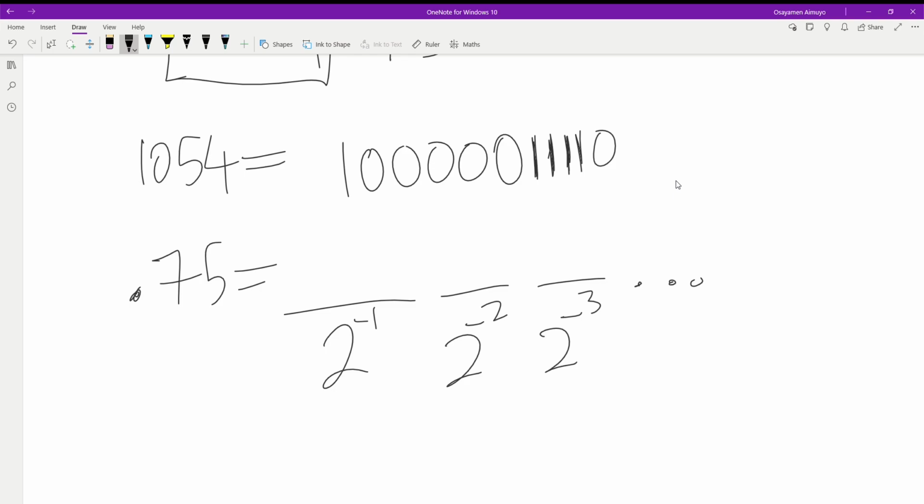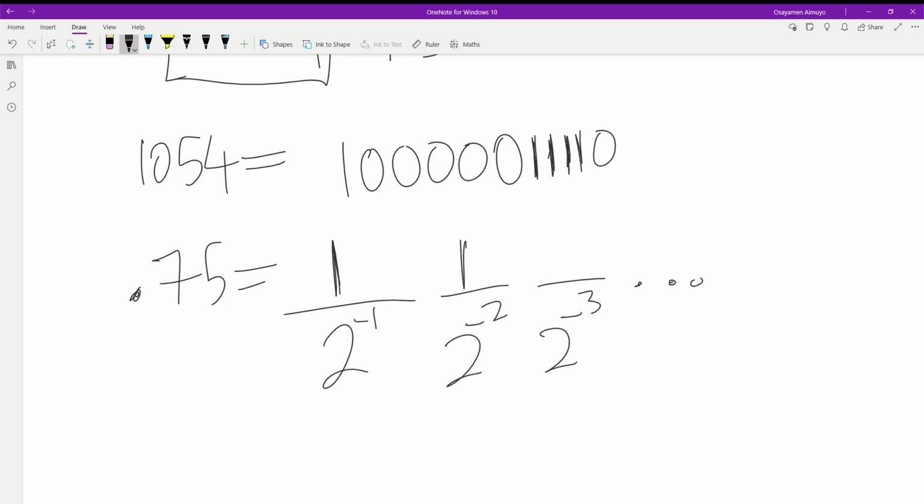So here we know that 0.75 minus 0.5 gives us what? Basically the same conversion. This works, right? And then 0.75 minus 0.5, you have 0.25, right? So 1 over 2 squared, or basically 2 to the negative 2, that's 0.25.